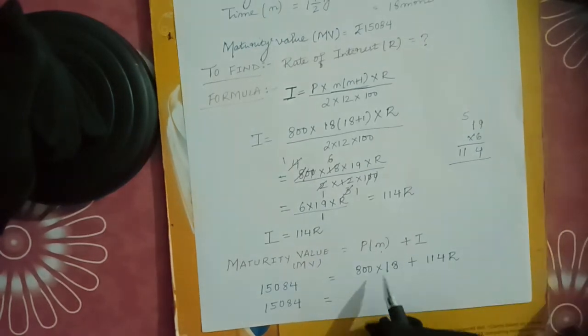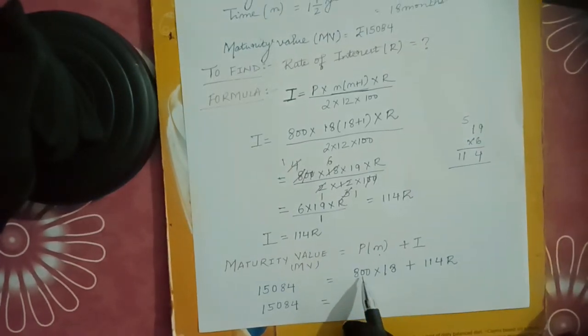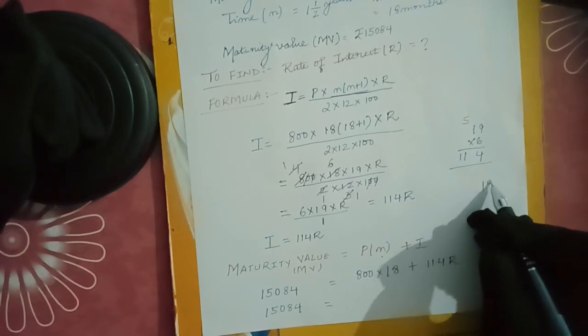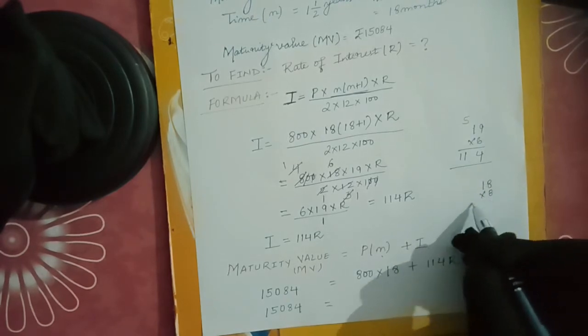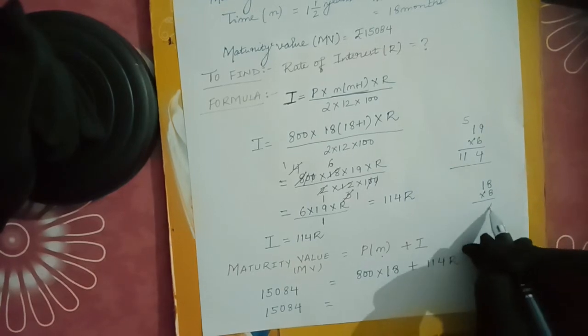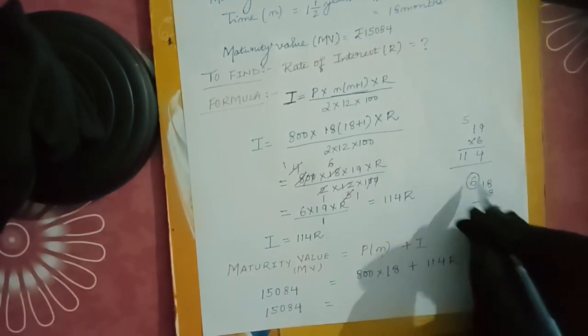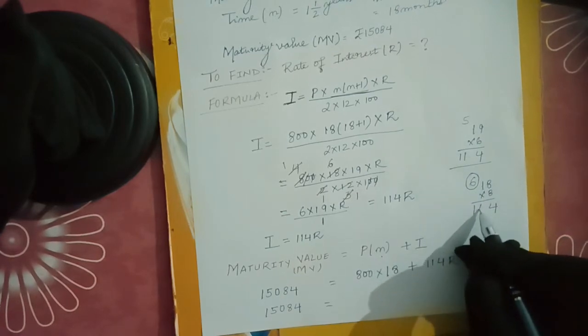What is 800 into 18? Since there are two zeros in the end, in the final answer we could add the two zeros there. So 18 into 8: 8 eights are 64. 6 carry. 8 ones are 8. And 8 plus 6 is 14.